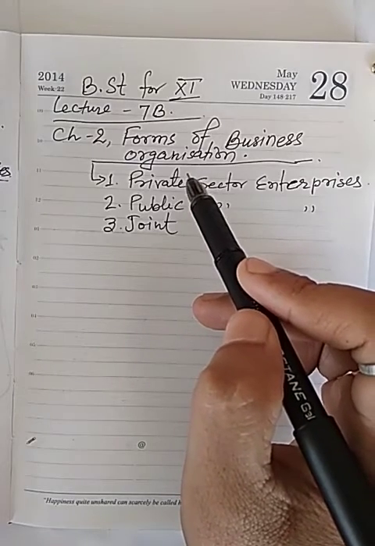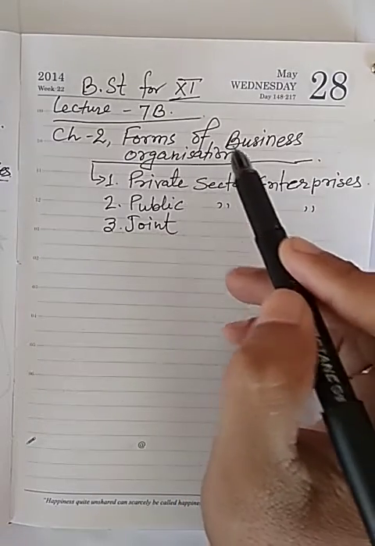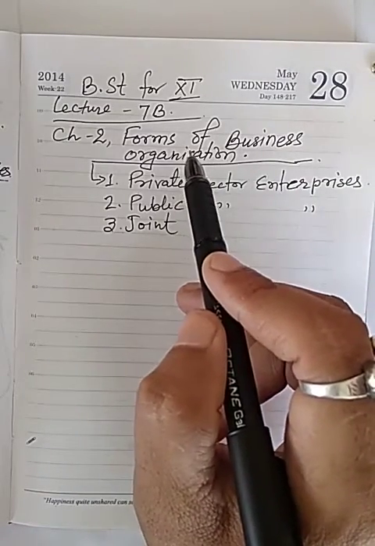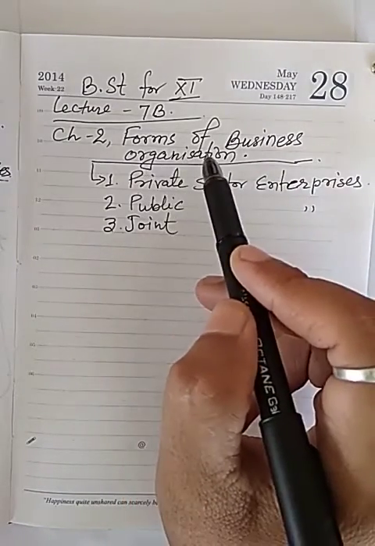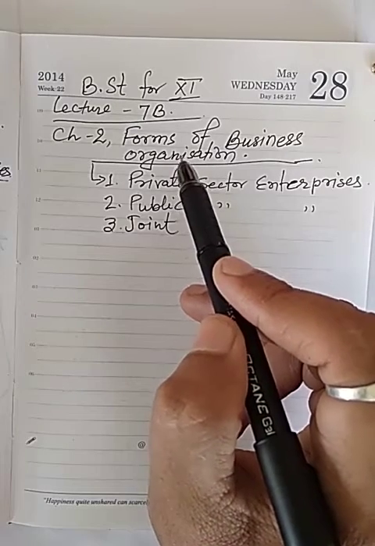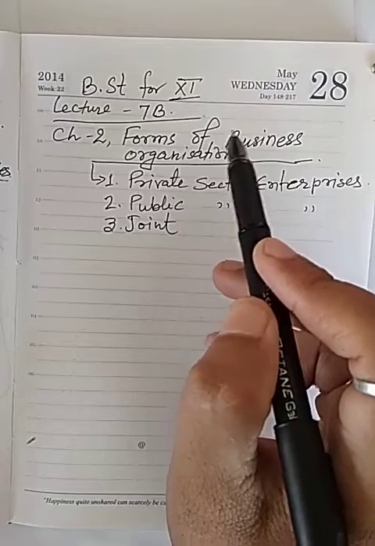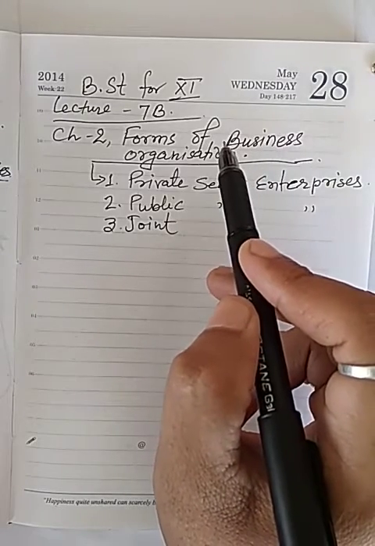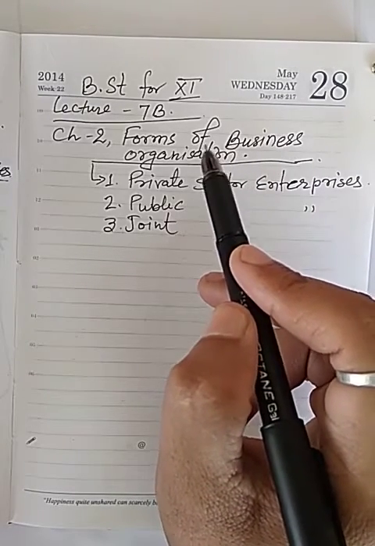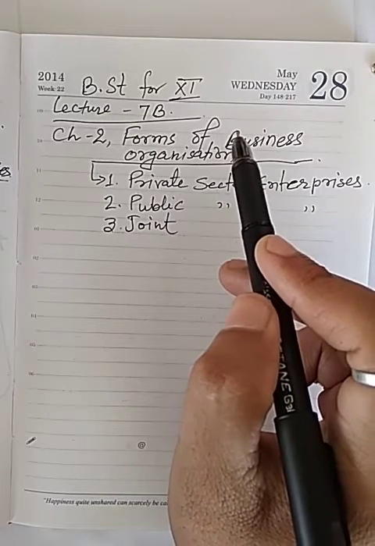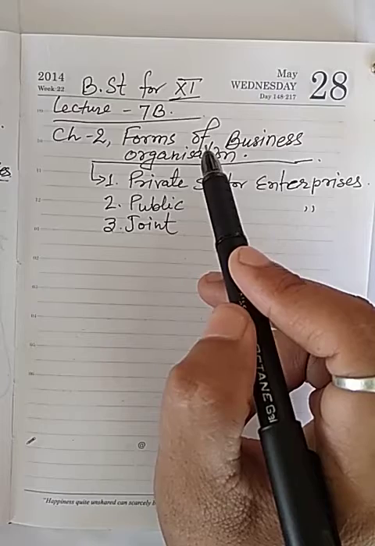The learning objective of this chapter will be different types of firms on the basis of ownership: private sector, public sector, and joint sector.